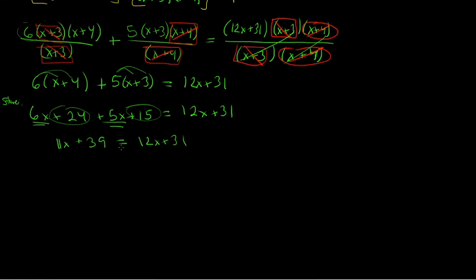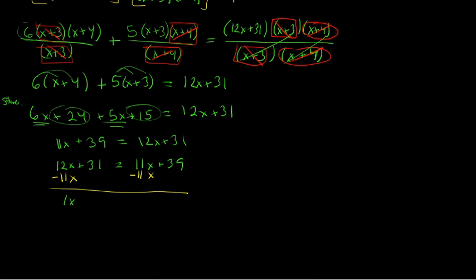And let me just switch sides. Well, we don't have to, but I prefer to have this on the left and then this on the right. The reason for that is I can subtract the 11x from both sides, leaving us with 12x minus 11x is 1x.